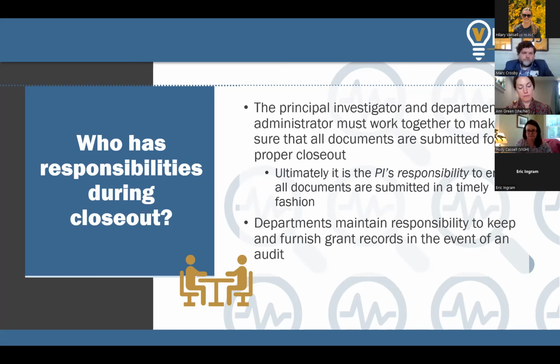So if you have an item that is sampled by an auditor, you definitely want to have an invoice, a packing slip, a timesheet, something that documents the amount that was charged to the grant or contract, that matches what was charged and is for an item or activity that was pertinent to the project. So PIs and departments have responsibility for ensuring the report is correct. The central office would have the responsibility of submitting it, making sure that it's submitted on time.